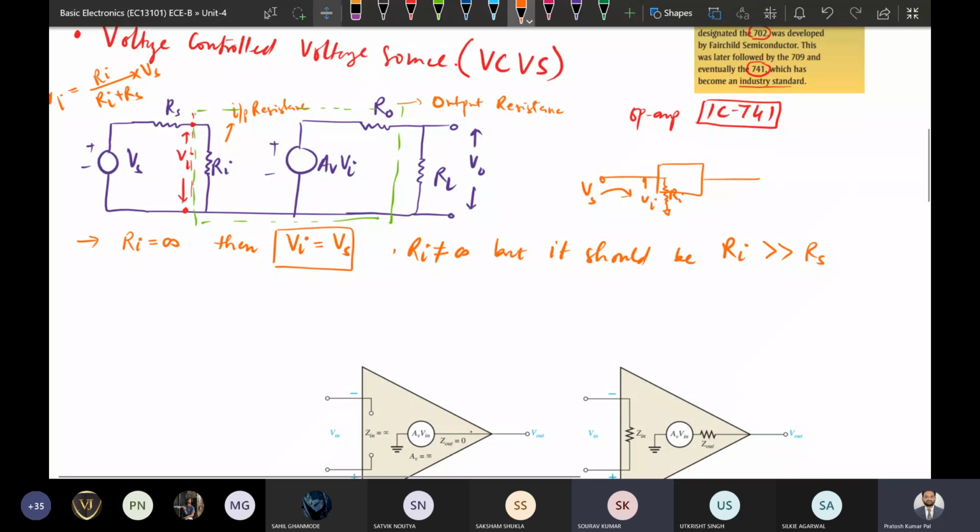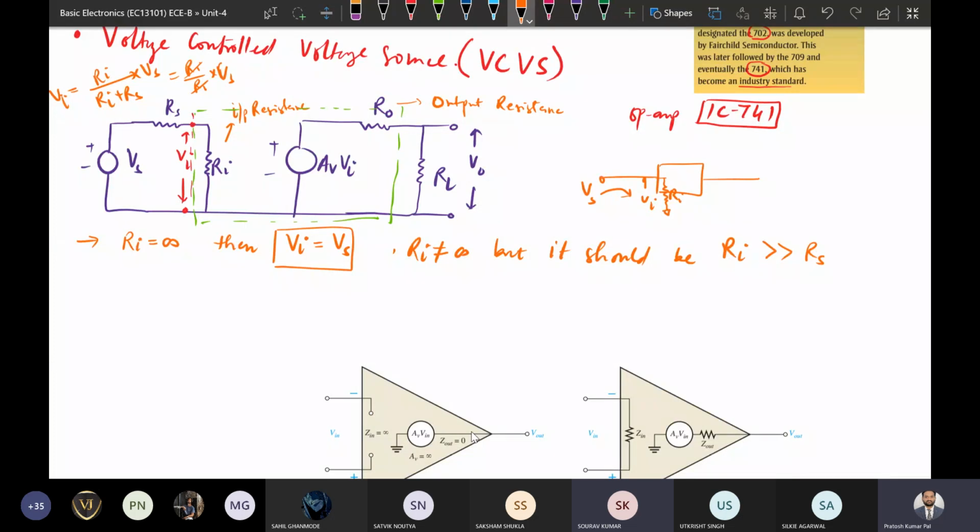Vi equals Vs only when this factor is equal to 1, and that happens only when Ri is very high compared to Rs. Then the Rs component can be neglected, Ri divided by Ri cancels, and V input will be equal to Vs.